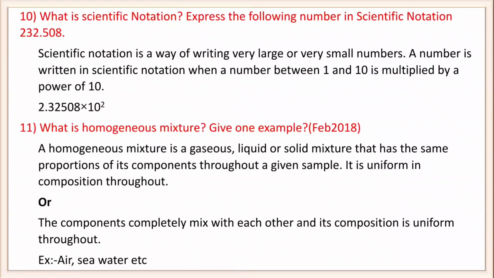You can define it like this also: the components are completely mixed with each other and its composition is uniform throughout. Examples are air, sea water. Whatever position in the sea you collect the water from, you are getting the same amount of minerals. Meaning is, throughout the mixture you are getting the same composition. Such types of mixtures are called homogeneous mixtures.